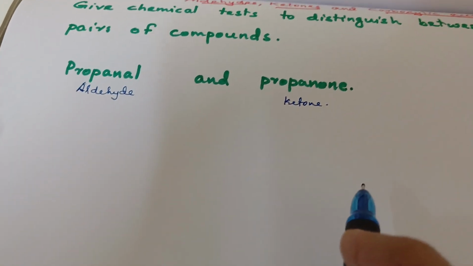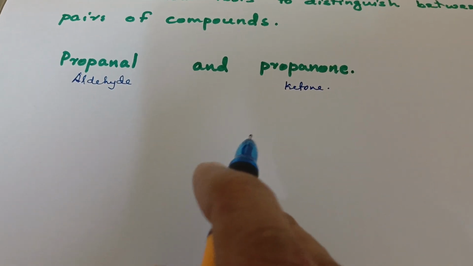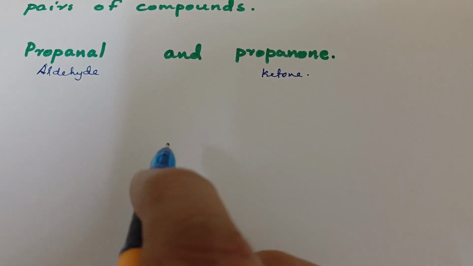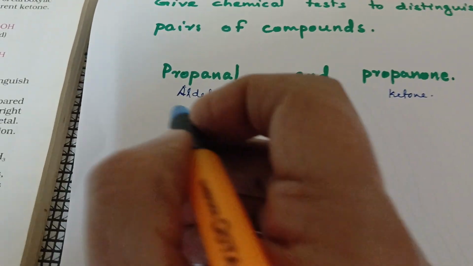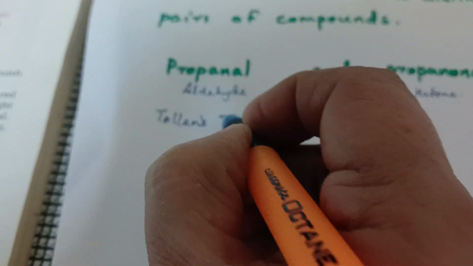The tests which we use to identify them, first one is a silver mirror test or Tollens test.